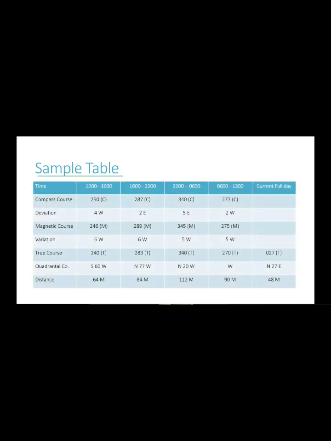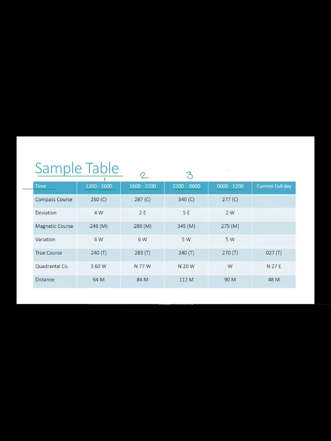So हमने बेटा ये एक टेबल बना दिया. इस टेबल में सबसे ऊपर हमने लिखा यहाँ पे टाइम. So you have 1200 to 1600 one leg. Then 1600 पे कोर्स ऑल्टर किया हमने up to 2200. This is our second leg. Then 2200 to 0600. This is the third leg.